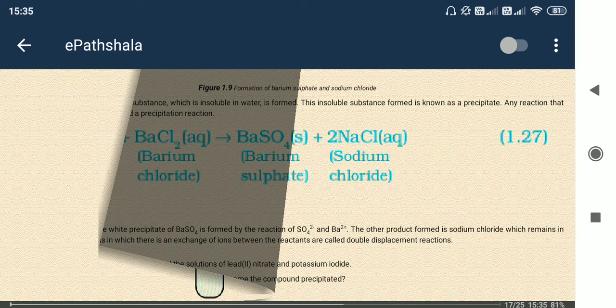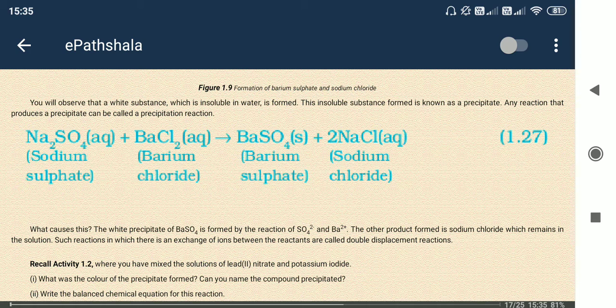See here, Na2SO4, sodium sulfate: sodium was joined with sulfate, but now sulfate is joined with barium, so barium sulfate is formed. Barium is displacing sodium and sodium is displacing barium. In place of sodium sulfate it is now barium sulfate, and in place of barium chloride it is now sodium chloride. So double displacement occurred.